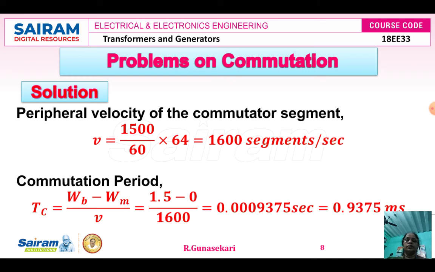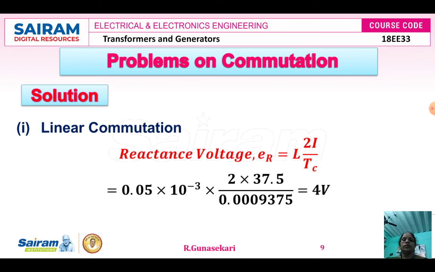So here in this problem, width of the mica is not given, so we have to assume Wm is equal to 0. So Tc equal to 1.5 minus 0 divided by 1600. The answer is 0.000937 second, that is 0.9375 millisecond.